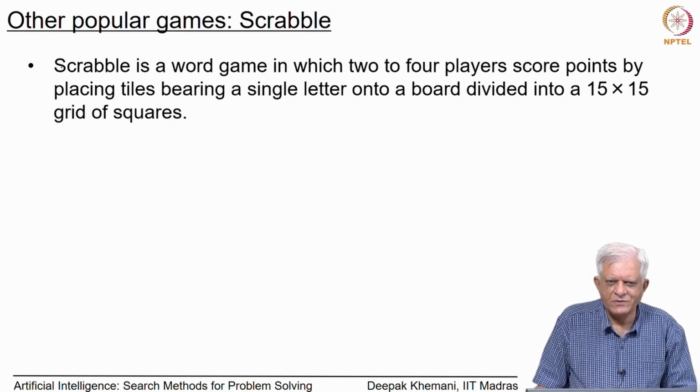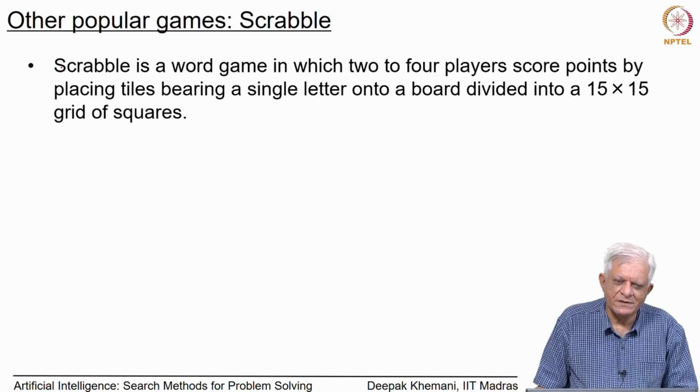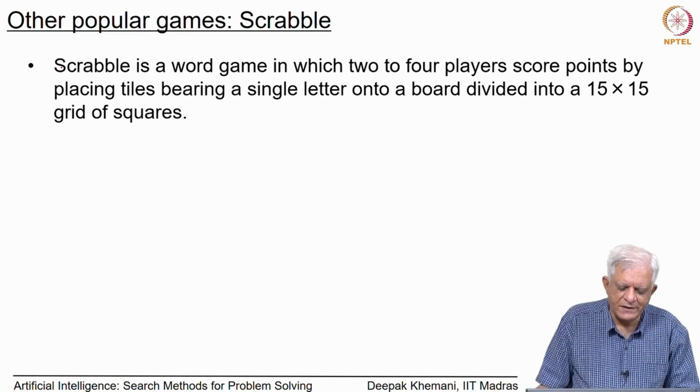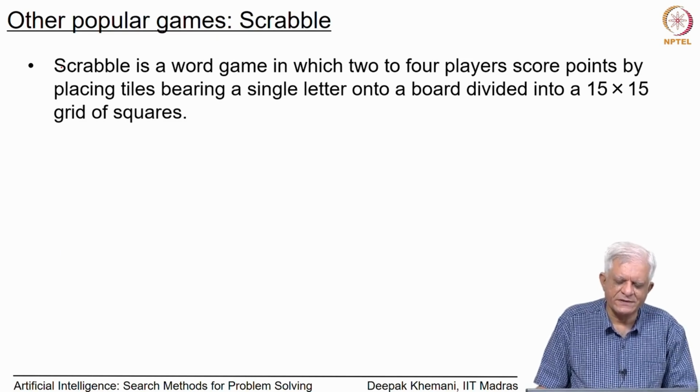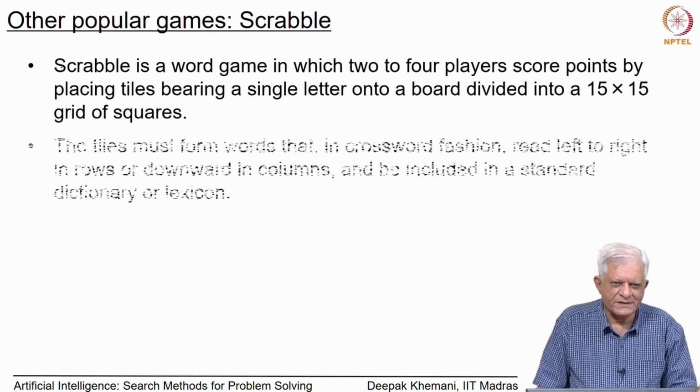Then there are special rules, like on some squares you get a double letter score or a triple letter score. On some squares, if you place a word, you get a double word score or a triple word score, which means that you double the sum of the values of the letters. Each letter has a number associated with it, and you want to maximize your score.